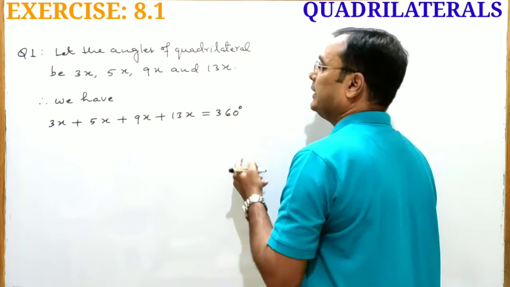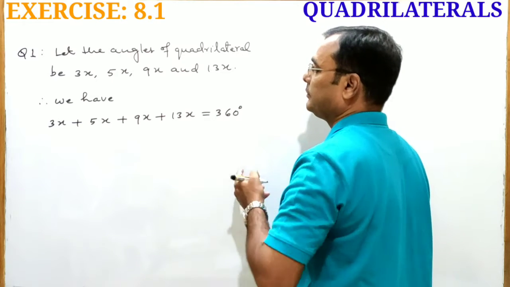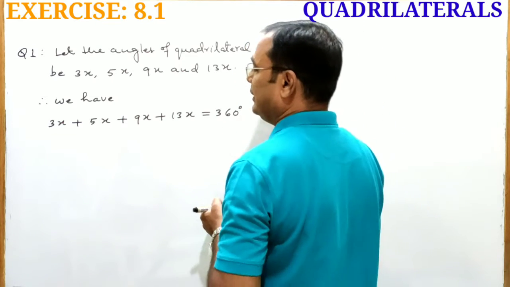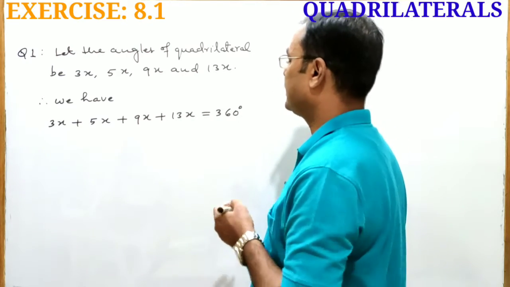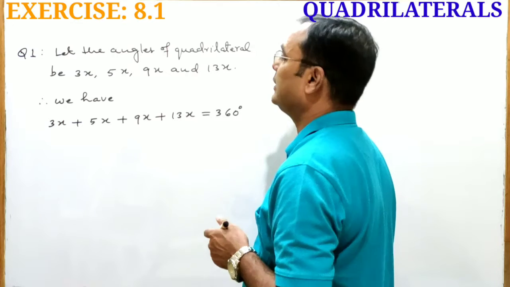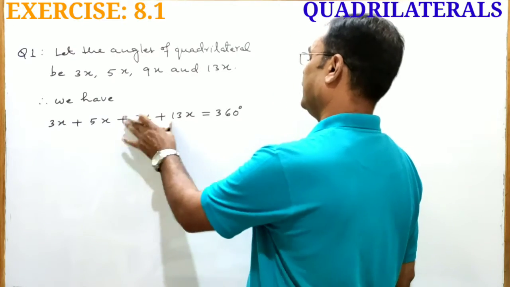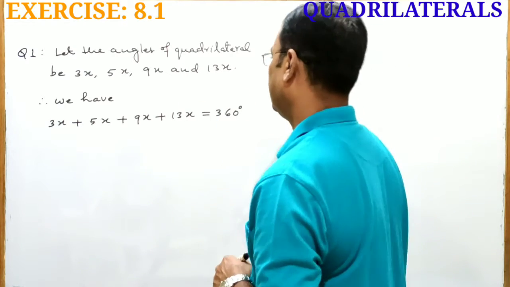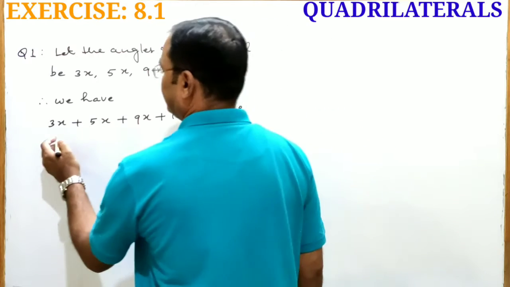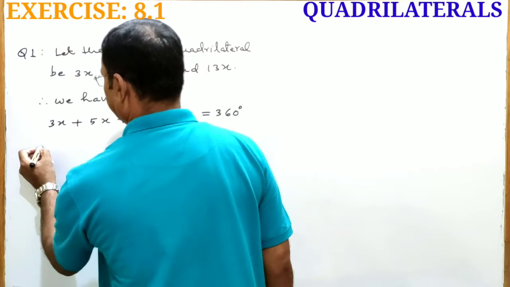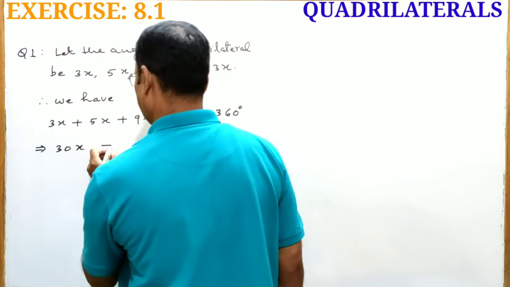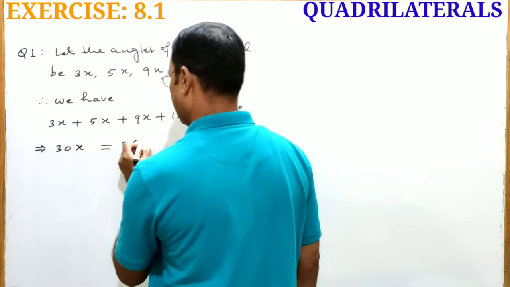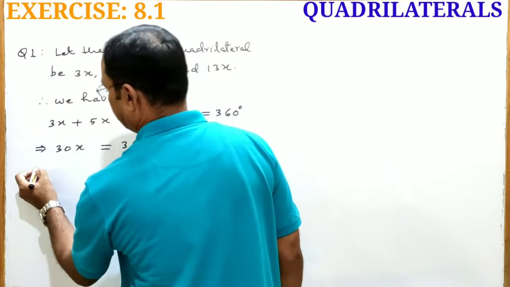Angle sum property of a quadrilateral states that sum of angles of a quadrilateral is 360 degrees. So sum of 4 angles we have written equal to 360 degrees, and this implies 30x equal to 360 degrees.